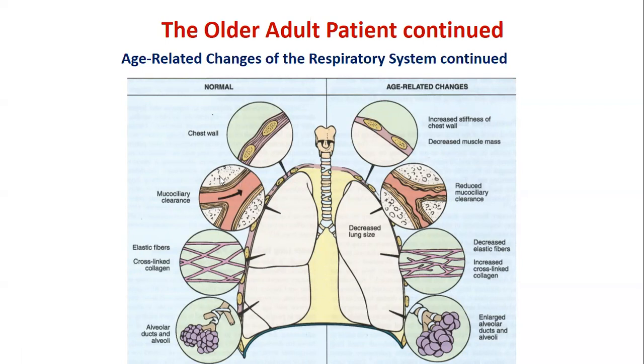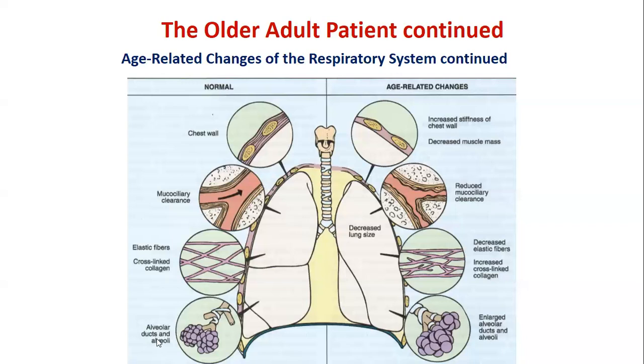And this one, mucociliary clearance in the branches of the lungs: here we can see reduced mucociliary clearance capabilities. Elastic fiber and cross-linked collagen: here we can see decreased elastic fiber and increased cross-linked collagen. So the structural properties of the chest wall change, and also the function of the respiratory muscle decreases, right?